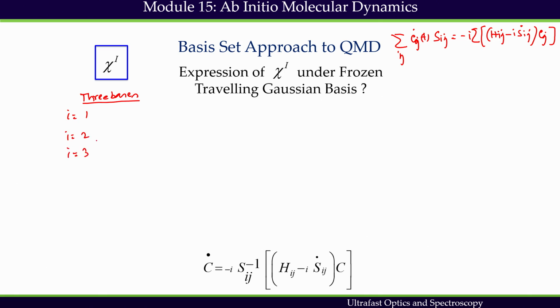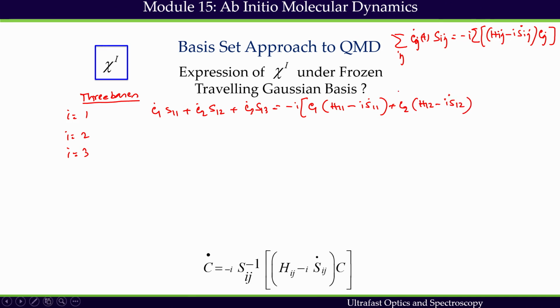If I consider that, then what I get is C1 dot S11 plus C2 dot S12 plus C3 dot S13 equals minus I C1 H11 minus I S11 plus C2 multiplied by H12 minus I S12, these are dots, plus C3 into H13 minus I S13 dot.